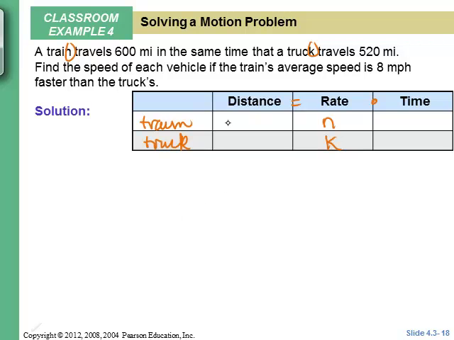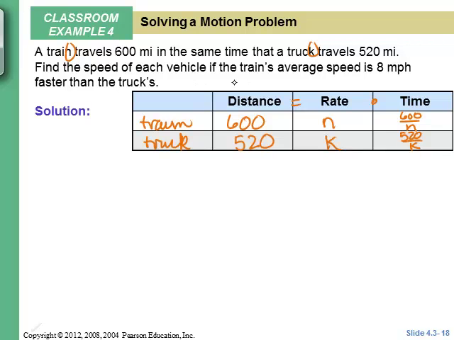Okay, the distance the train travels is 600. The distance the truck travels is 520. The time is the same in each case. Time is distance divided by rate.